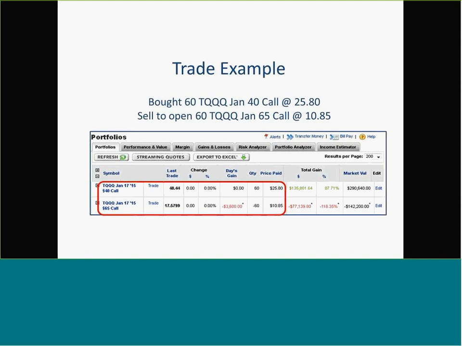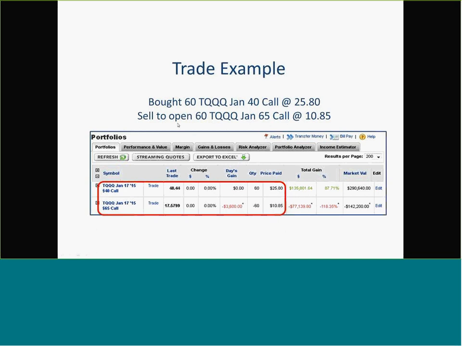My brokerage profit loss report here shows that I bought 60 of the triple Qs, that's the leveraged NASDAQ fund. The January 40 calls, I bought those at $25.80. So I bought 60 of the January 40 calls at $25.80, and I had a profit in that.